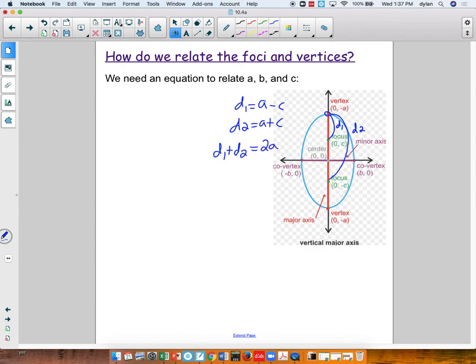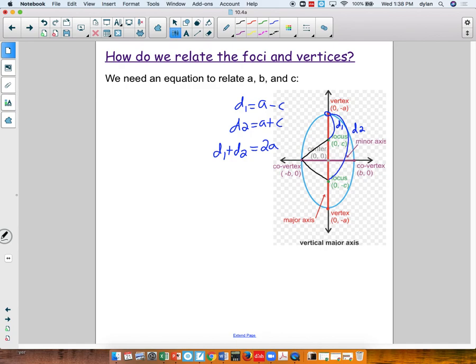And that's important, because now we're going to look at how we can relate a, b, and c. I want you to imagine for a second that I drew in a new triangle, from b to c, from the co-vertex to both foci. Remember that the sum of those distances, d1 plus d2, has to be the same as the distance to the original vertex 0, a, which means that the sum of those two black lines has to be 2a.